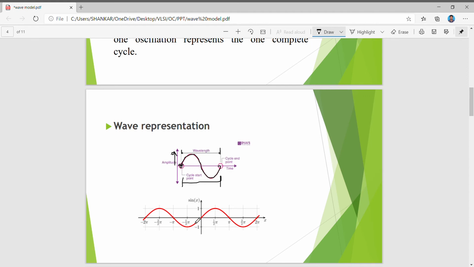We can also represent this wave in terms of phase. From this point the signal starts, and at this point the signal has a phase angle of 0 degrees.